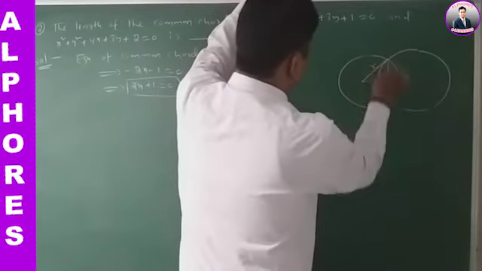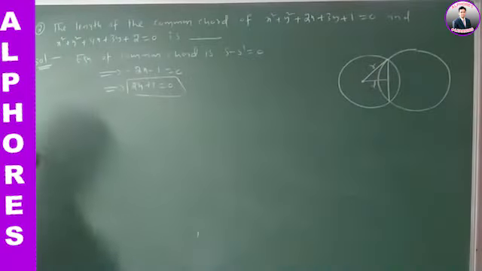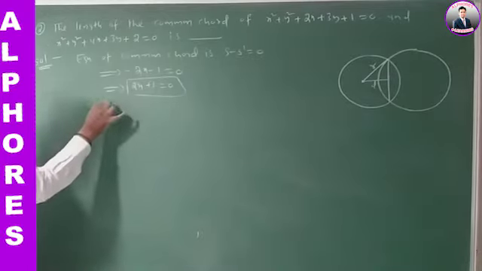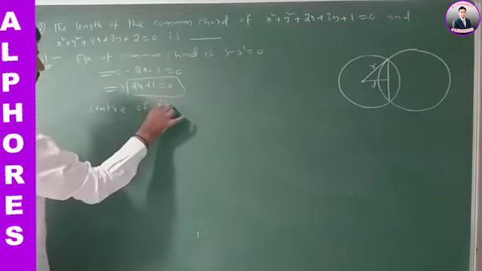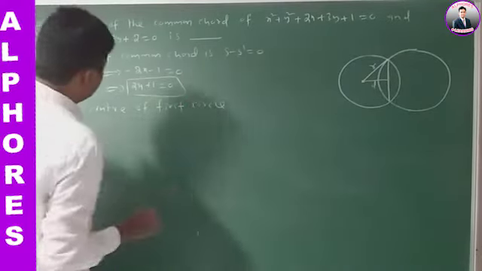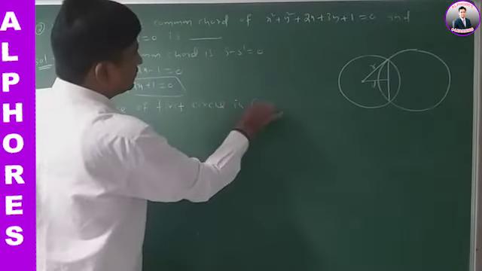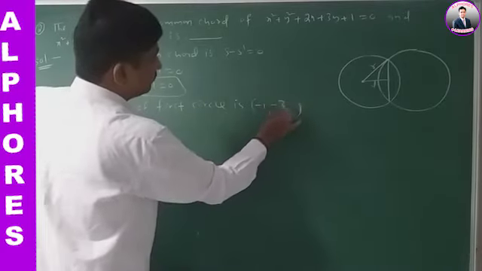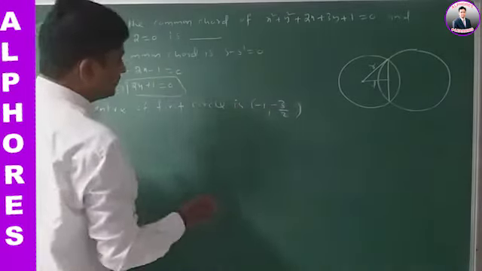Here I am taking the first circle equation. The center of the first circle is minus g comma minus f, that is minus 1 comma minus 3 by 2.